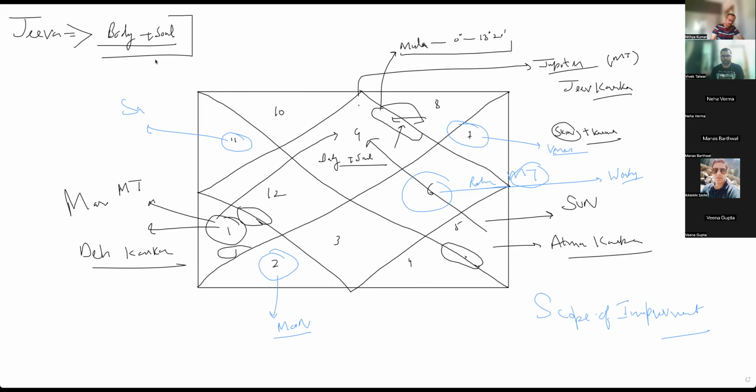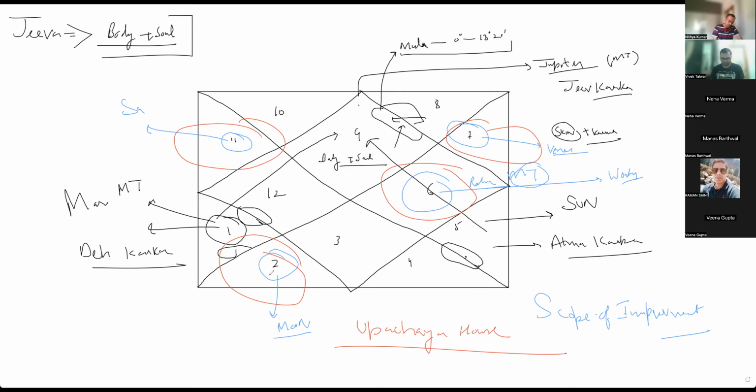And Muni Parashara named these scopes of improvement as Upachaya houses. The Upachaya houses were created, houses that you will grow with time. 3rd house, 6th house, 10th house, 11th house. The Moolas of Shani, Chandra, Mercury and Shukra.